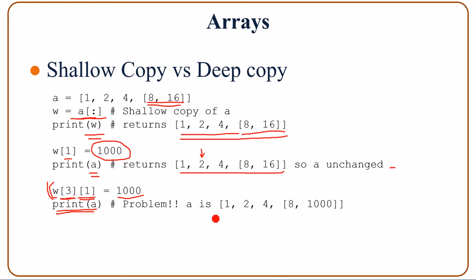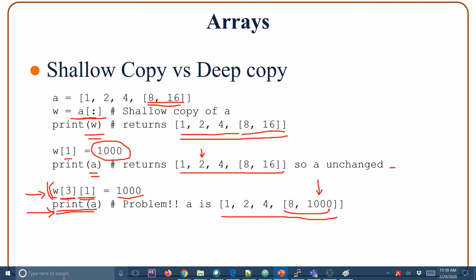Now a actually returns this: the subarray was changed. You can see the second element of the subarray is now 1000. So you have a problem, right? You change w, but actually your a variable is changed also.